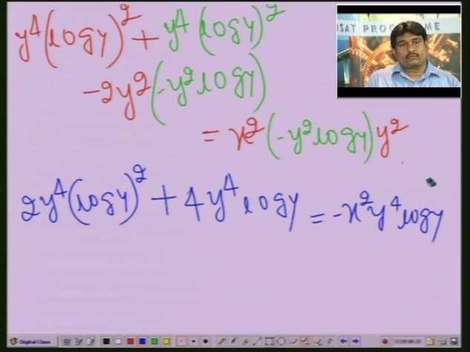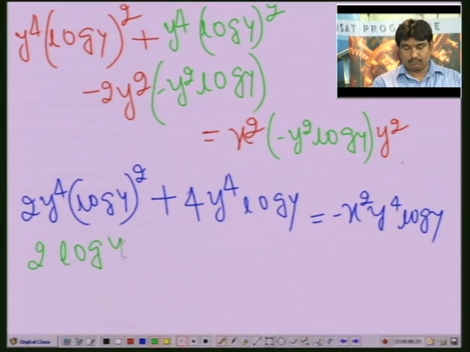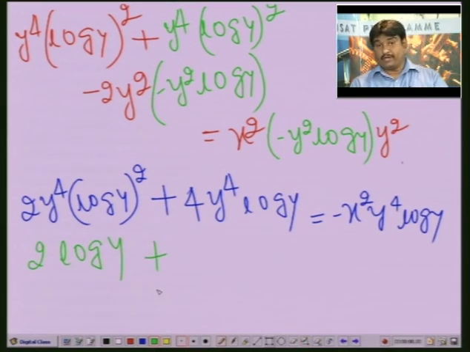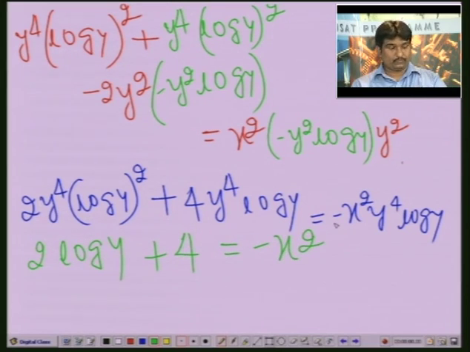Now, divide throughout by y to the power of 4 into log y to get 2 into log y plus, dividing by y to the power of 4 log y, it is only 4, equals minus x square.